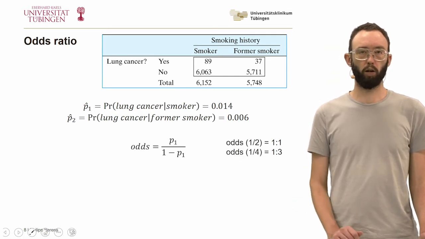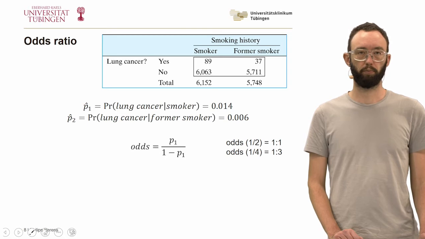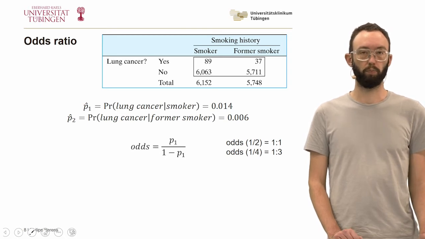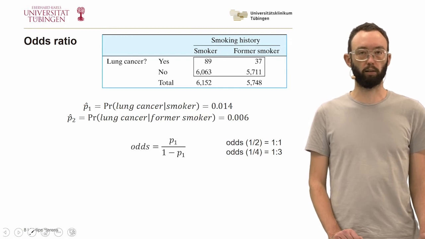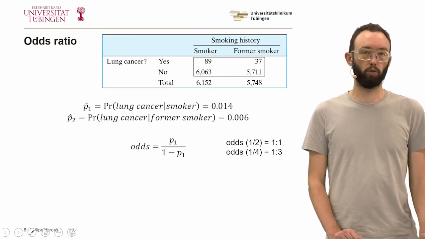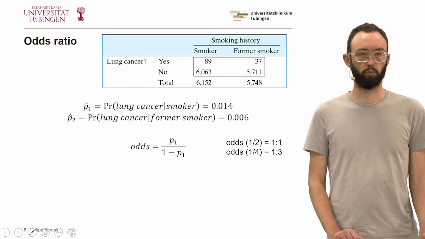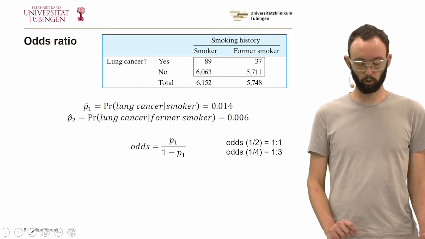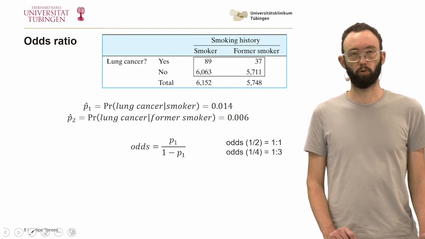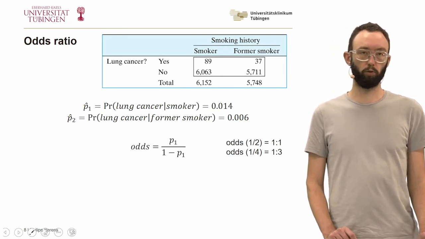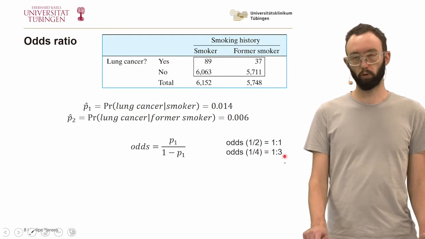If you have a probability of 1/2, that means that the odds are 1 to 1. So both events are equally likely. If you have a probability of 1/4, that means 1/4 divided by 1 minus 1/4, so 1/4 divided by 3/4, and that is 1 to 3.